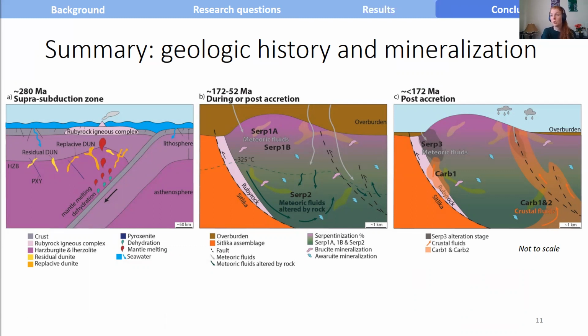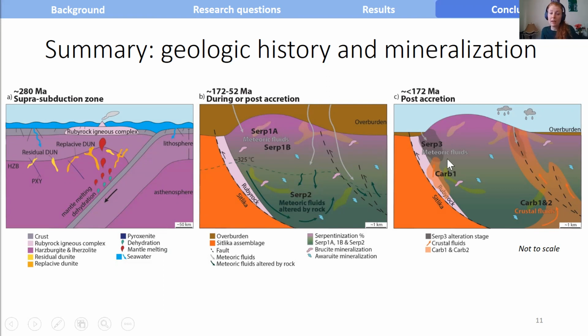The estimated temperatures of SERP1 are roughly 250 to 300 degrees Celsius, while SERP2 is estimated to be from 324 to 450 degrees Celsius. The main reason for this is the presence of metamorphic olivine in SERP2. And during these 2 stages is the main brucite and awaruite formation.